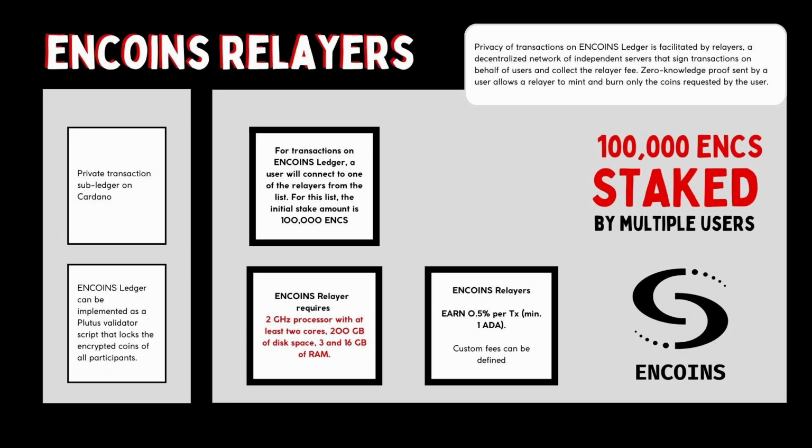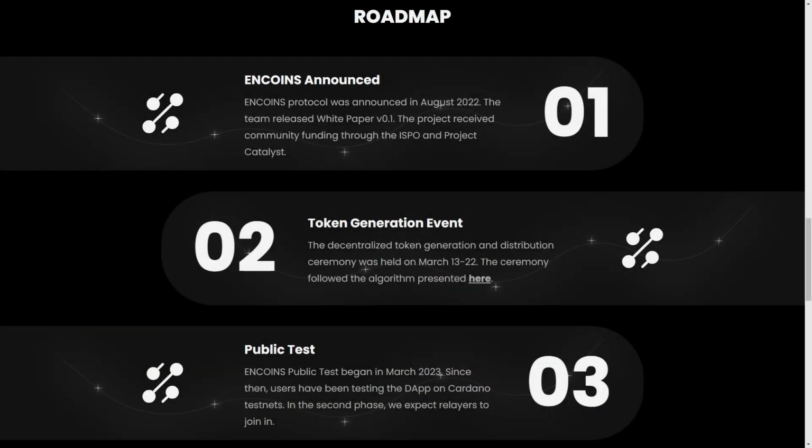Then we have what we call ENCOINS Ledger, which is an on-chain script where you can send your tokens. This way, you can transfer them by simply sending the minting keys off-chain to the recipient. We are very close to launching on the mainnet.